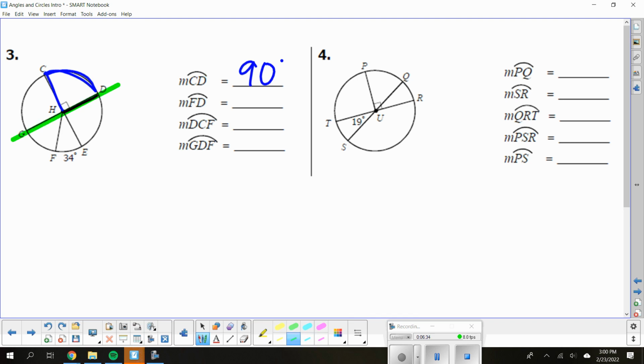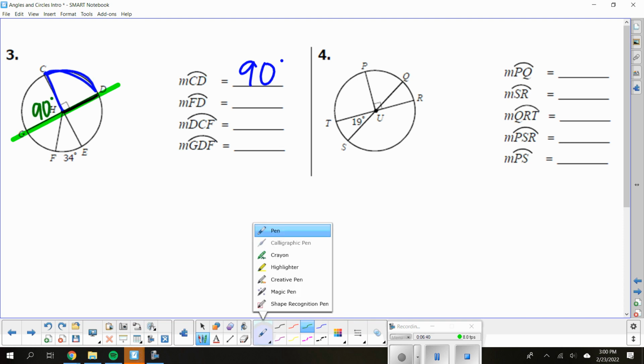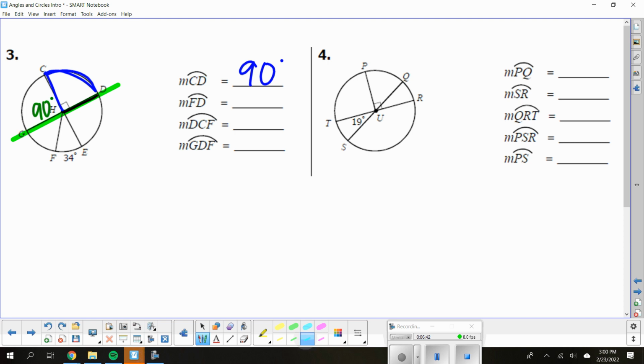This is a diameter, so if one side is 90, the other side has to be 90. This is a diameter as well. So if one side is 90, the other side has to be 90.